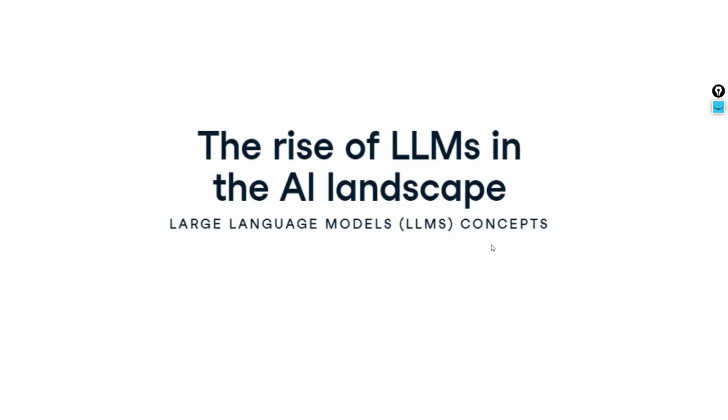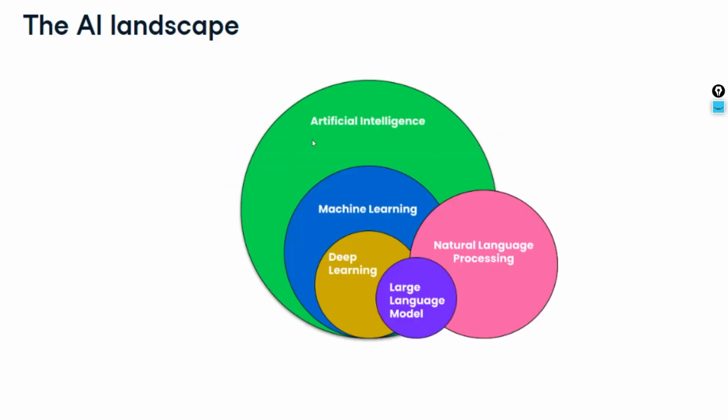Now let's start with the concepts of LLMs. Let's try to understand what large language models are. Just to summarize, we started with AI. AI is a broader umbrella which mimics human behavior. Then we had machine learning, where we make machines learn from data, like a classification or regression task.